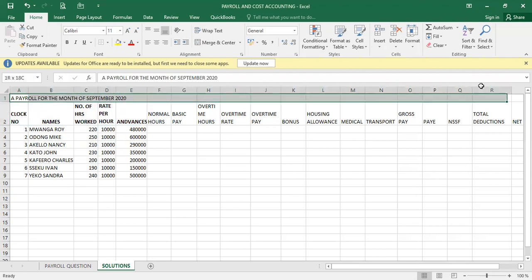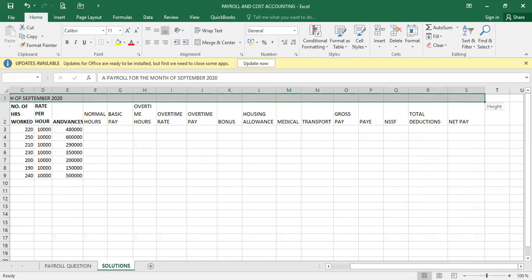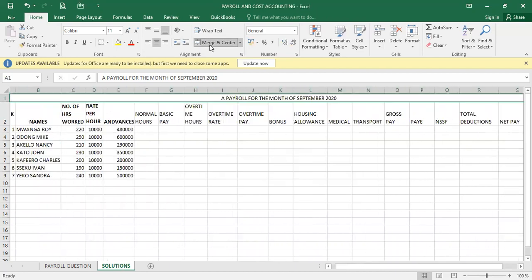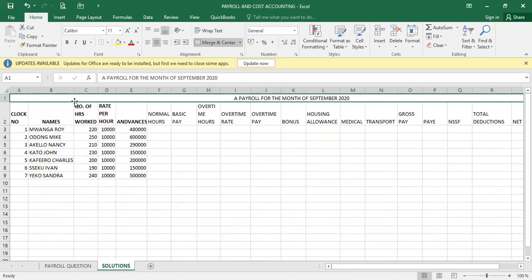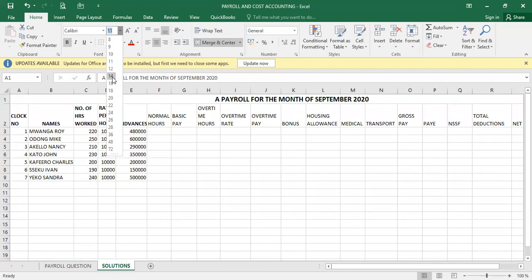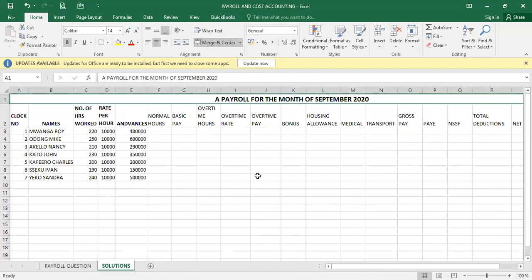You can highlight it so that you merge it if you want. Then we merge it so that it can be made a bit broad, and you can even increase the font size. I think that will be enough. Hope everyone can see.